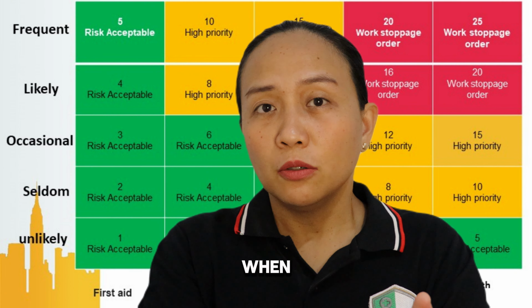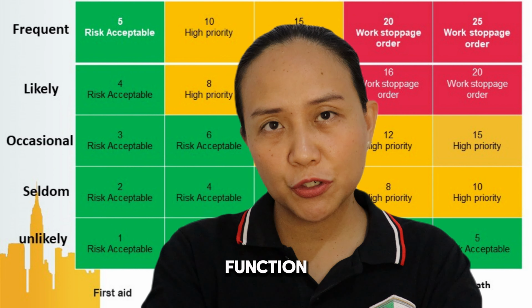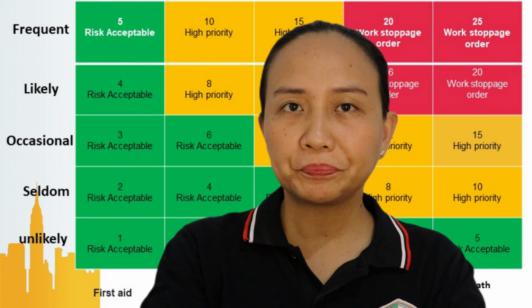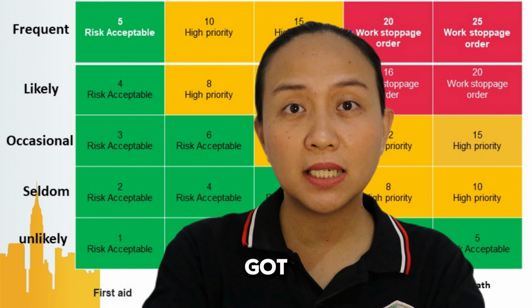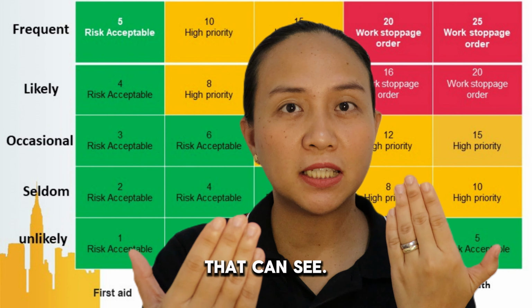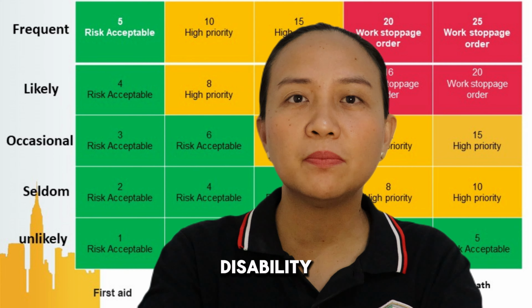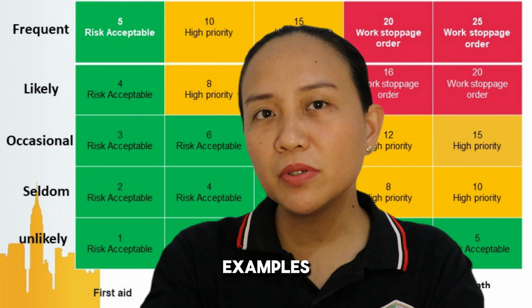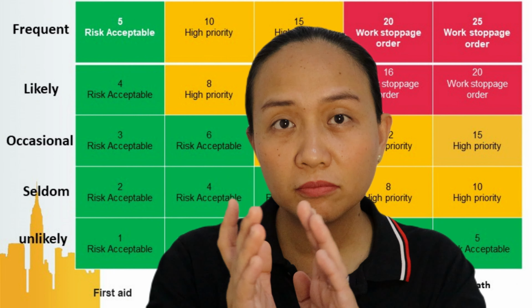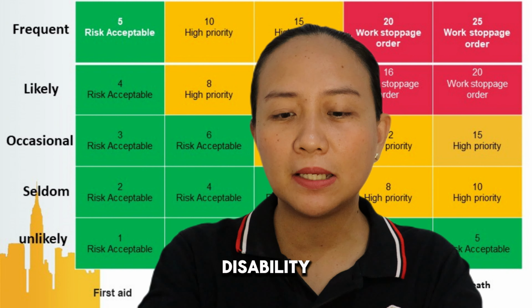But, when you say partial disability, there is still partial function. Example po nito, nabulag po ang ating isang mata. Pero may isang mata pa tayong nakakita. So, we are not totally blind. So, that is a partial disability. Other examples, naputulan po tayo ng finger. So, that is partial disability.